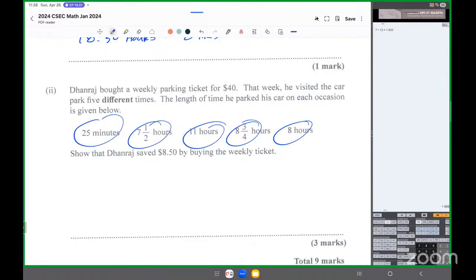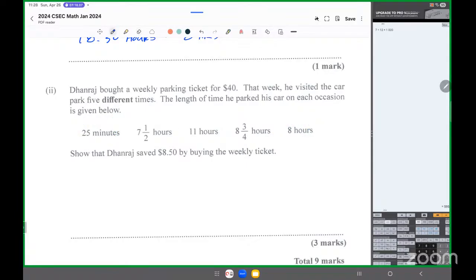So we'd have to work out the total money he would have spent if he paid to park each time and see what the difference is to the $40. And that's how we're going to get the 8.50. So it has to be that he would have spent a total of $48.50. We have to show the work. Right? So let's work it out.